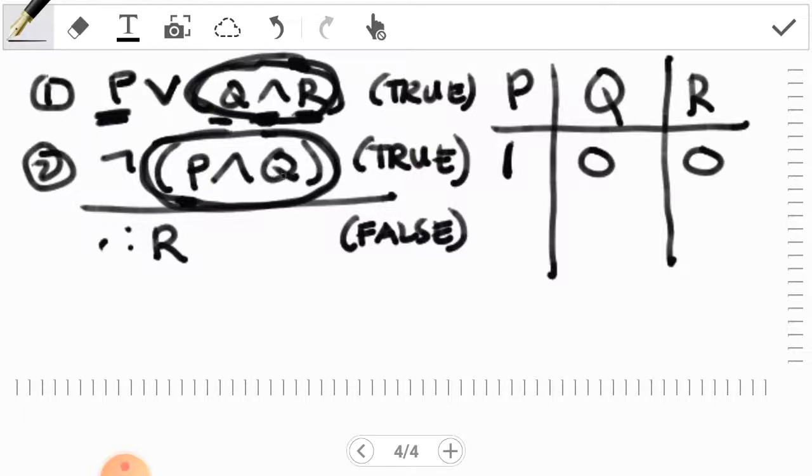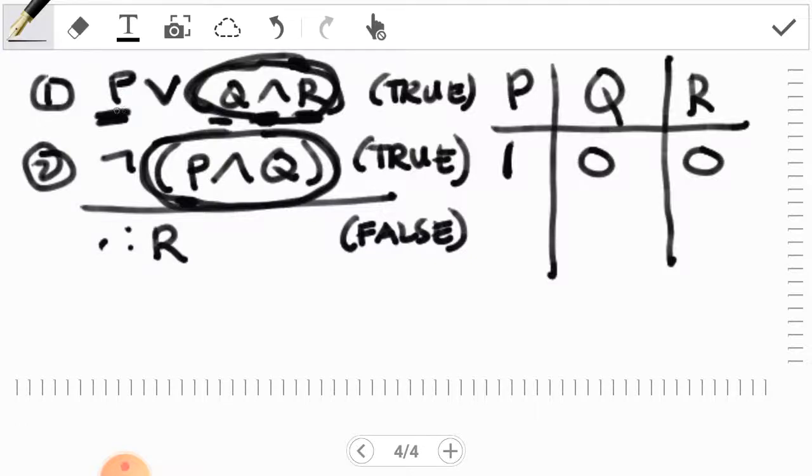Therefore, P and Q must be false. And since P is already true, Q must be false. Let's double check again. If P is true, Q is false, P and Q will be false, not false will be true.